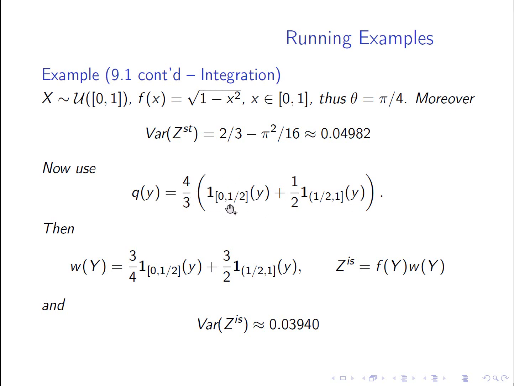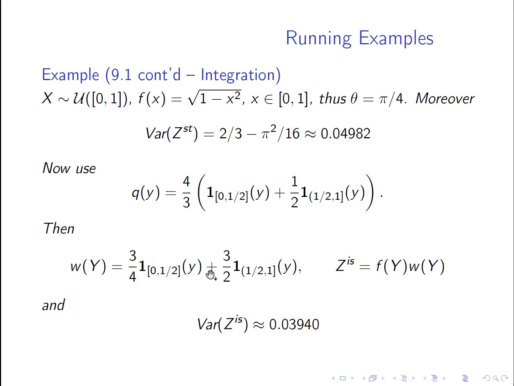So as I said, there is a bit more mass in the first half of the unit interval, where f is a bit larger. Then from this q we can compute our w(y). It's just 1 over this, more or less, because we are starting with the uniform density.